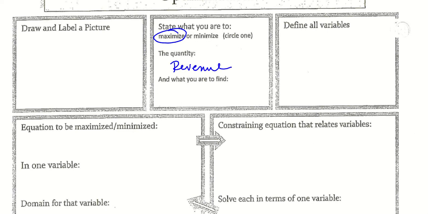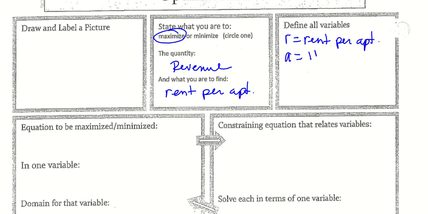And what we are to find is the rent per apartment. So in our variables, let's let R equal that rent per apartment. Let's let A equal the number of apartments rented.